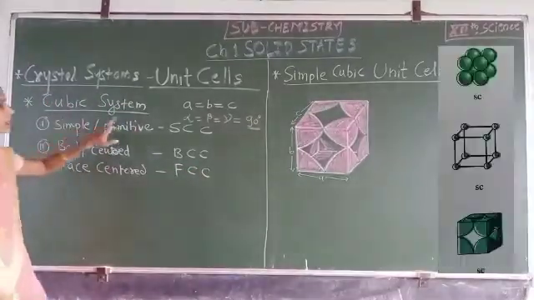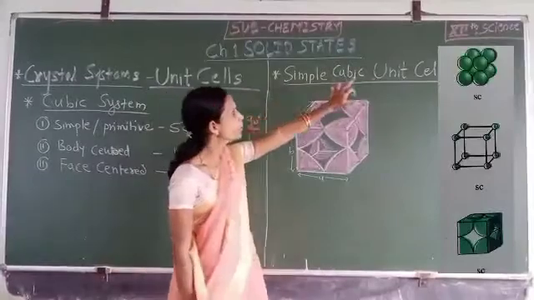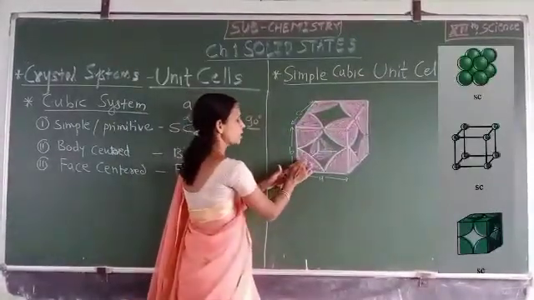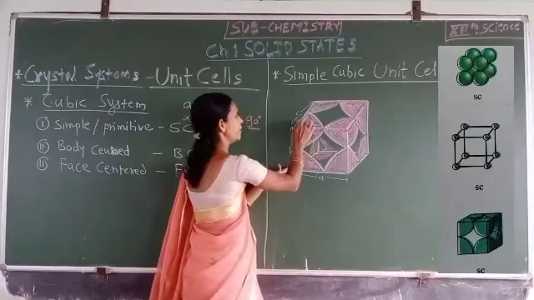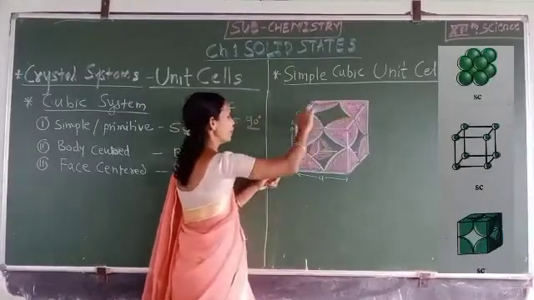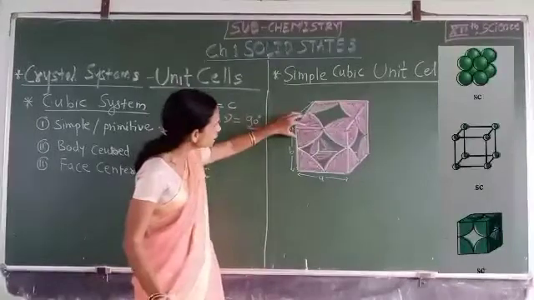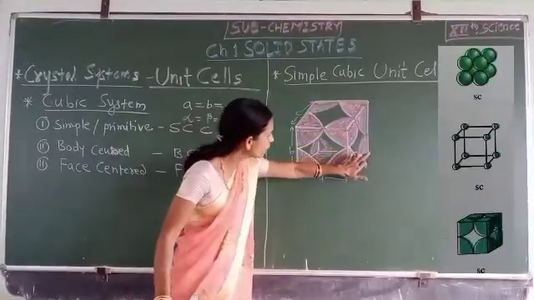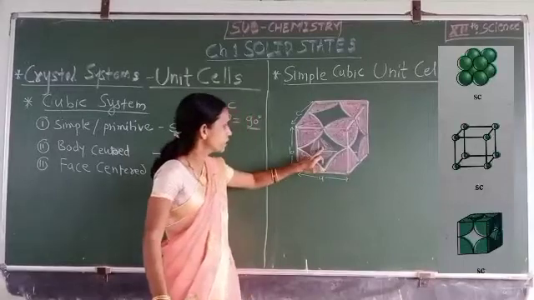In the simple cubic unit cell, a total of 8 particles are present, one at each of the 8 corners of that simple cubic unit cell.